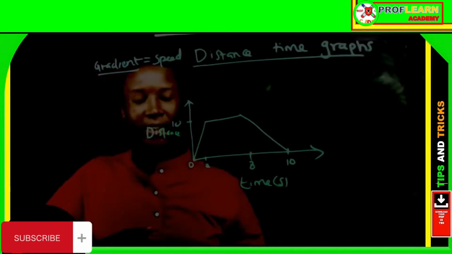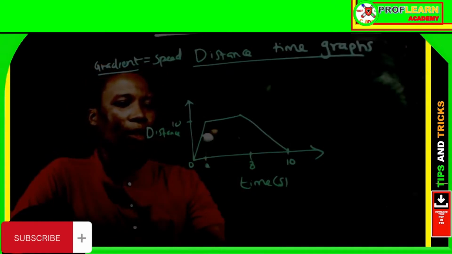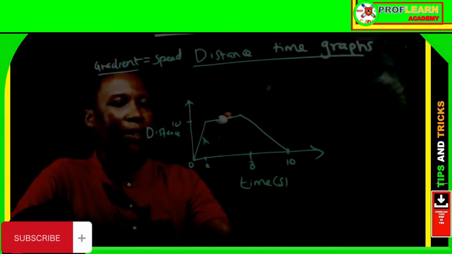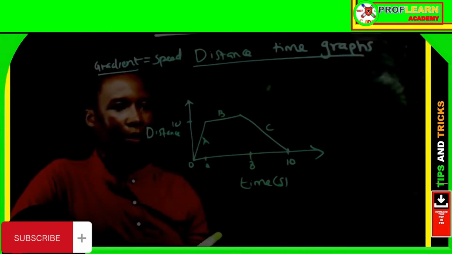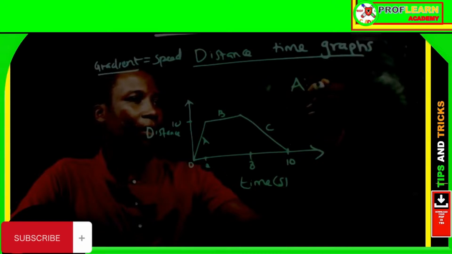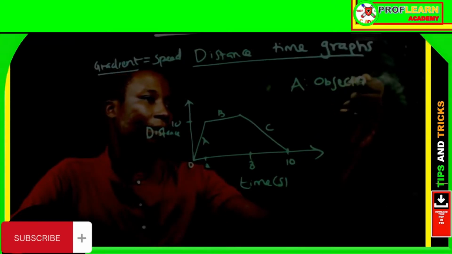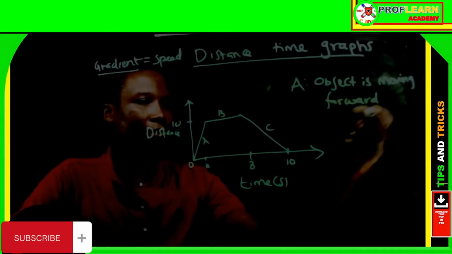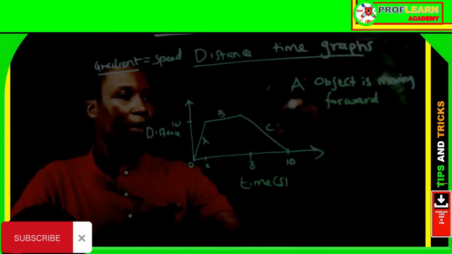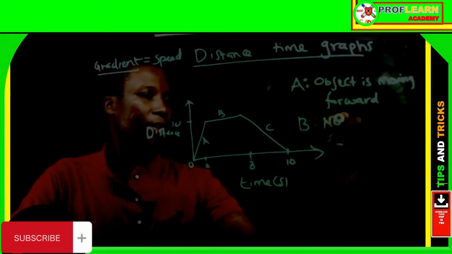We can talk of distance, also we can talk of displacement. Now, you are told to explain what's happening here, what's happening here, and what's happening here. In A, the object is moving forward. At B, not moving.